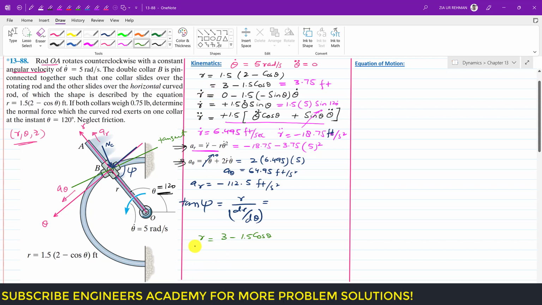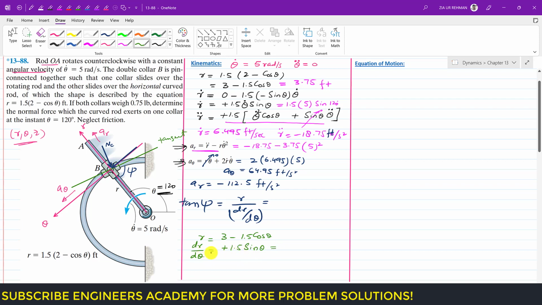Now we have to take the derivative of r with respect to theta. So this is again 0 and this is minus 1.5, and the derivative of cos of theta with respect to theta is minus sine of theta, so that will become plus. Since this cos is a function of theta, there is no need to apply the chain rule. So this is the derivative of r with respect to theta.